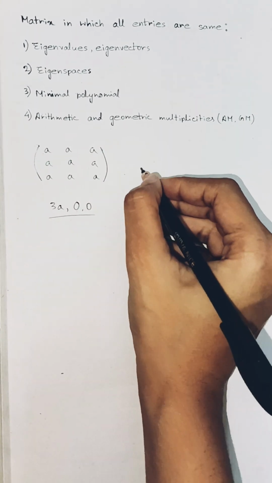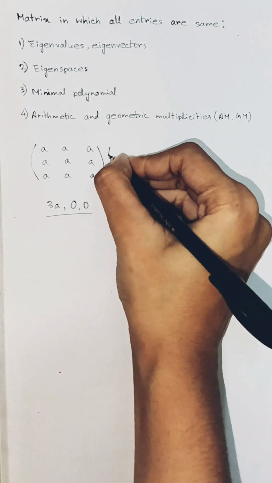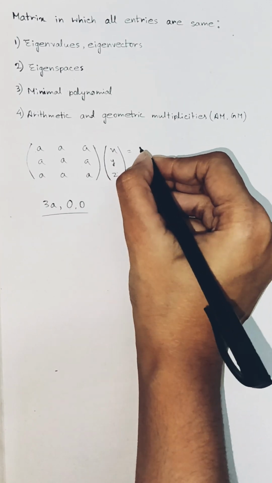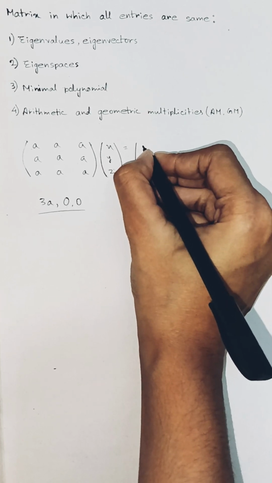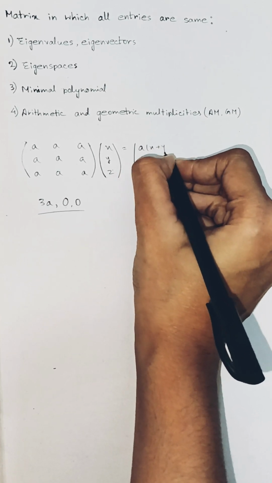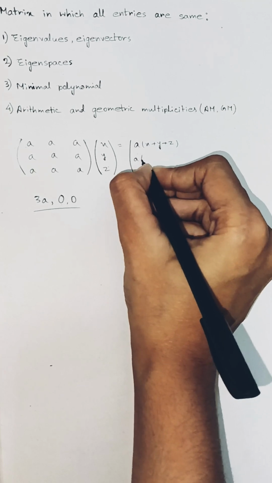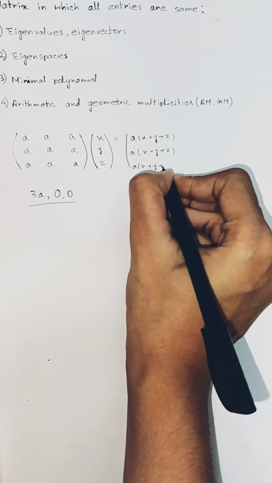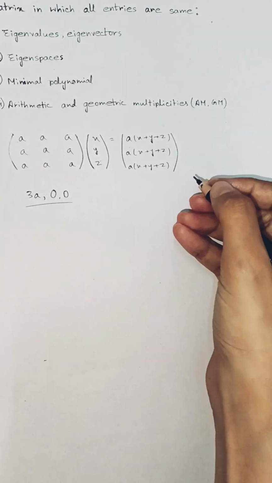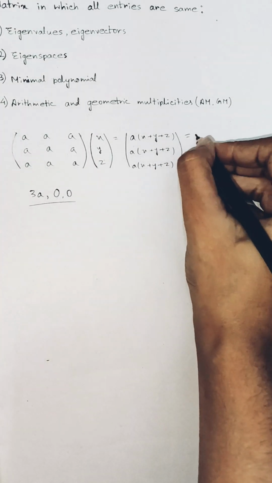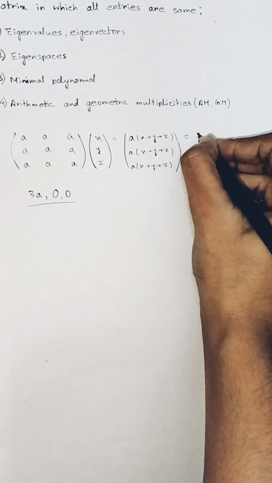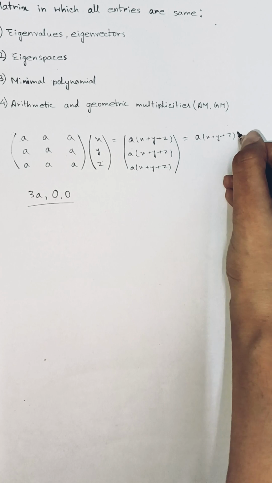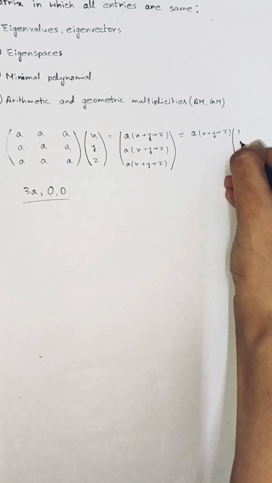See, if this is an eigenvector, x, y, z, then the product will be a into x plus y plus z, a into x plus y plus z, and a into x plus y plus z. So it will be a into x plus y plus z into 1, 1, 1.